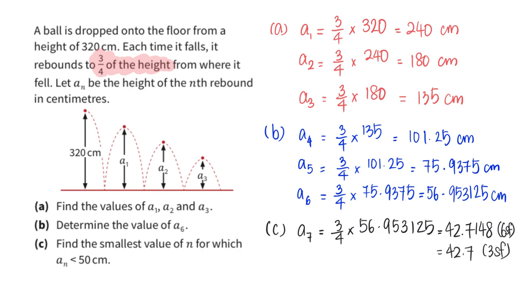And the moment we reach this, we would have reached the stage where the height is less than 50, and they want the smallest. That means we don't go smaller and smaller anymore. So from here we could see that the smallest n is equal to 7.